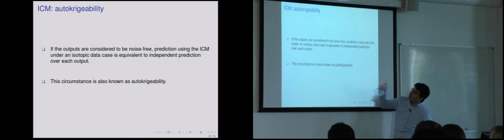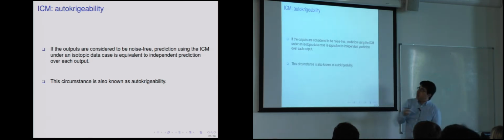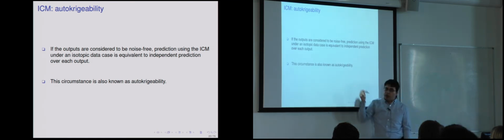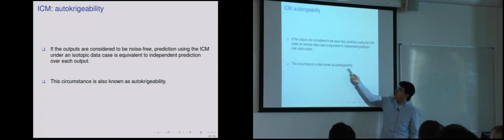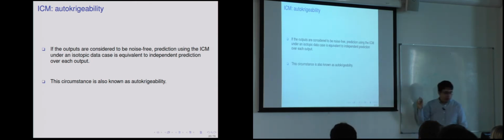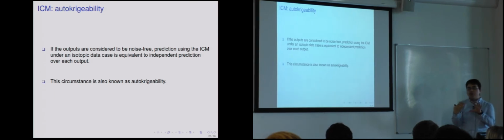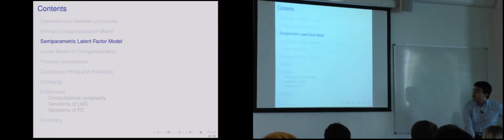If you consider that your outputs are noise-free, the prediction using the ICM under the isotopic data case is equivalent to doing independent prediction for each of the outputs. And that phenomenon is known as autokrigeability. So I'm going to talk about it later when we see the equations of prediction, and how a process that is supposed to account for dependencies ends up just doing independent prediction for each of the outputs.